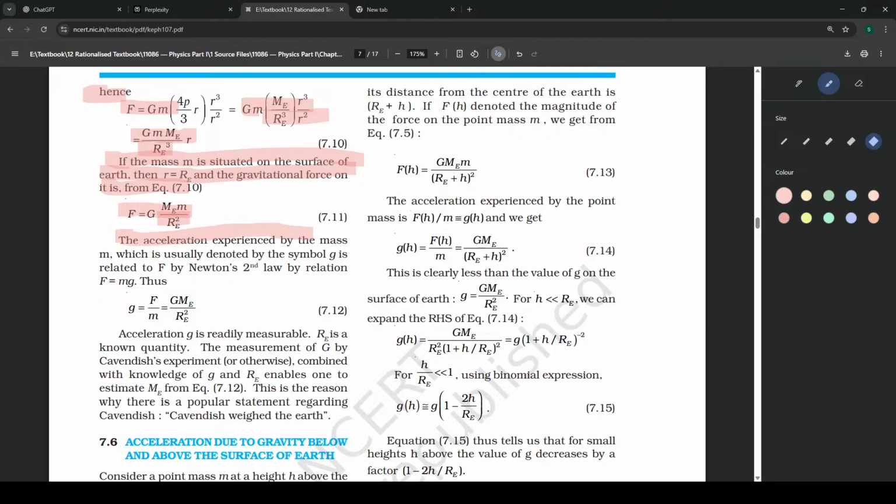The acceleration experienced by the mass m, which is usually denoted by the symbol g, is related to force by Newton's second law by the relation F equals mg. Thus, the acceleration due to gravity is force by mass. The m's cancel, we'll get G me by Re square.